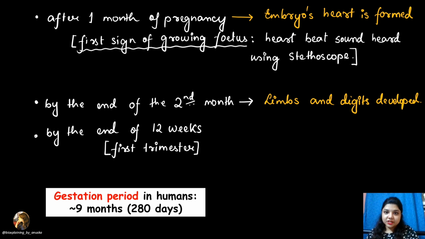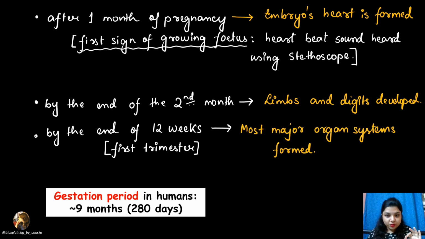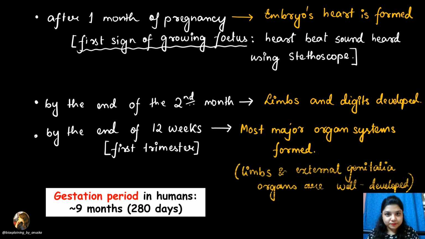So 12 weeks means how many months are involved? 3 months are involved. So we say 1st trimester is done. So by the end of 12 weeks now, most major organ systems have been formed. Okay, so the limbs, external genitalia, organs are all well developed.